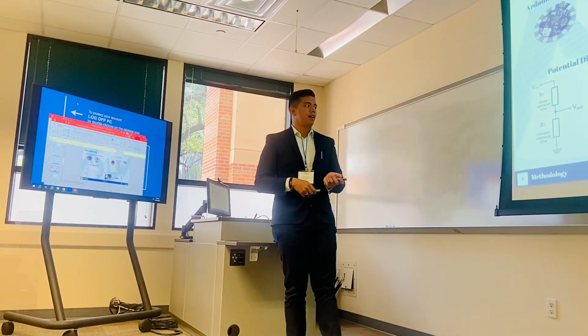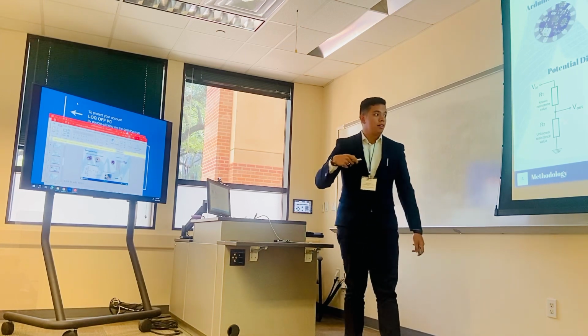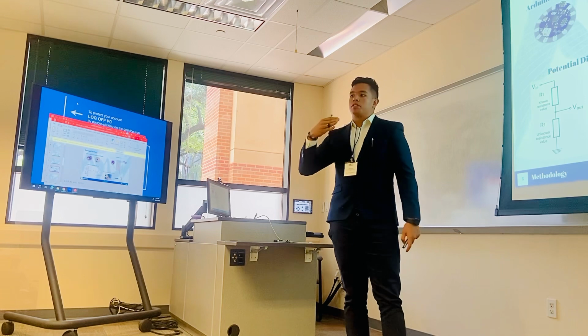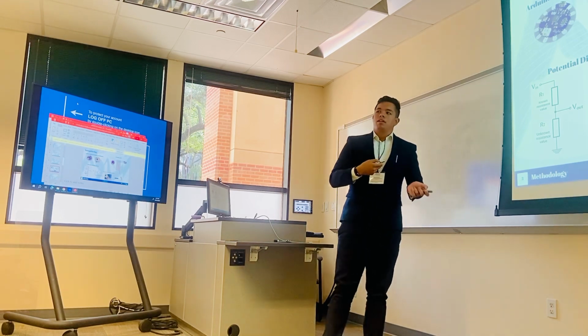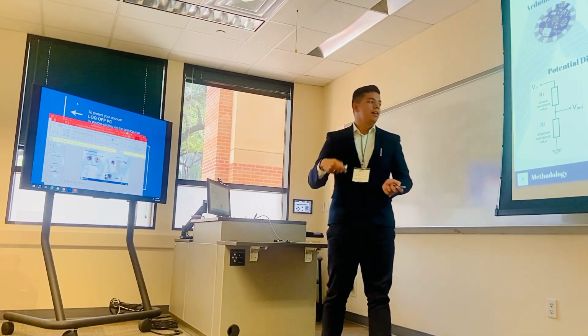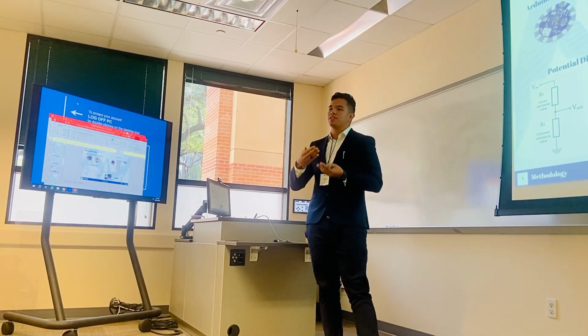And we employed a potential divider circuit that allows you to know the value of an unknown resistance with the value of a known resistance and in and out voltage values. So it's a simple way to obtain the changes in resistance. And for this, we measured the average resistance.